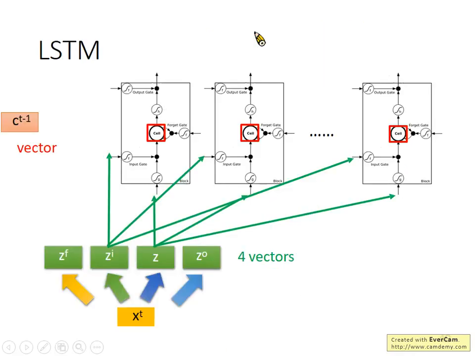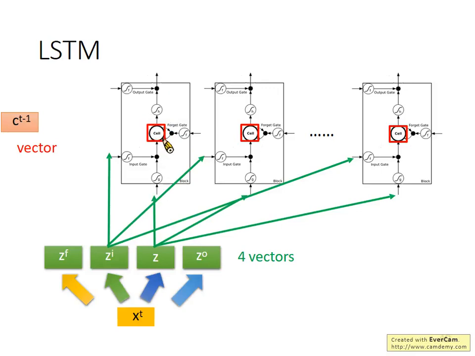And in a deep neural network, we actually have a sequence of LSTM cells. We have thousands or tens of thousands of LSTM cells.